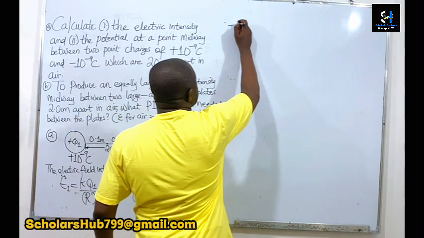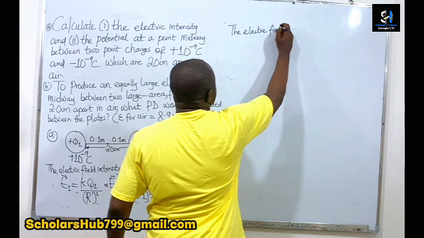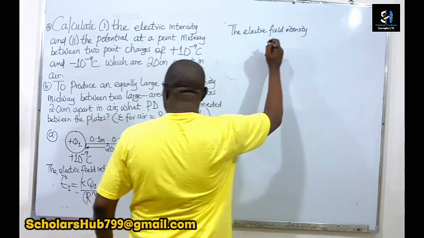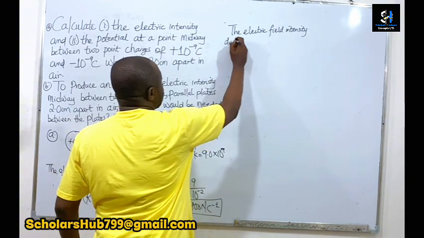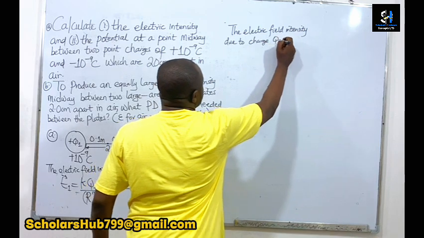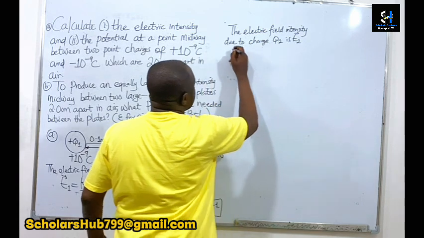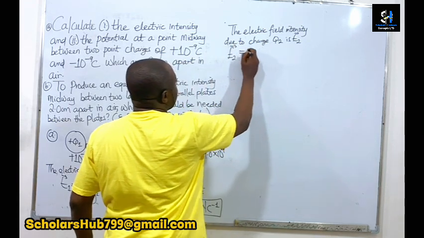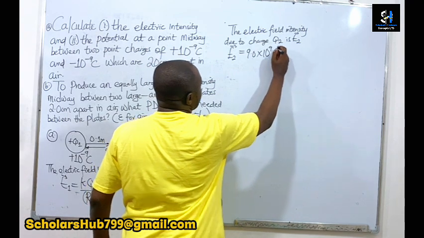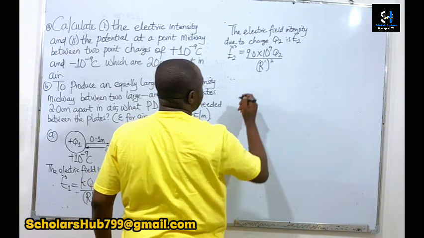Then the electric field intensity due to charge Q2 is E2. For E2, we have 9.0 times 10 to the power of 9 multiplied by Q2 over R prime squared.